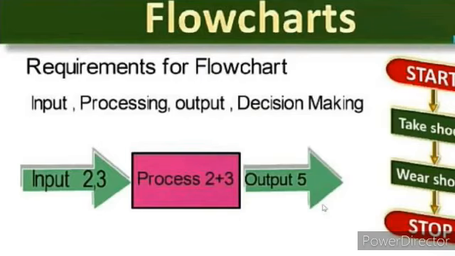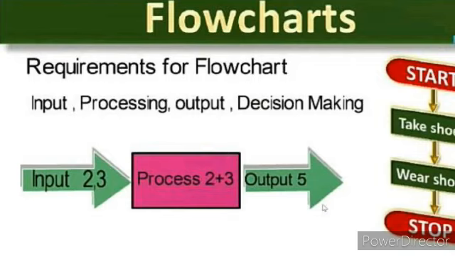And now the third topic is requirements for flowchart. What are the requirements to draw a flowchart? There are four requirements to draw a flowchart. Number one is input, number two, processing, number three, output, and number four is decision making.